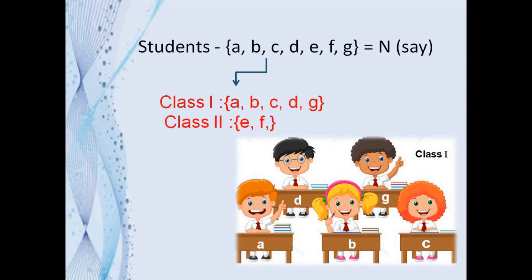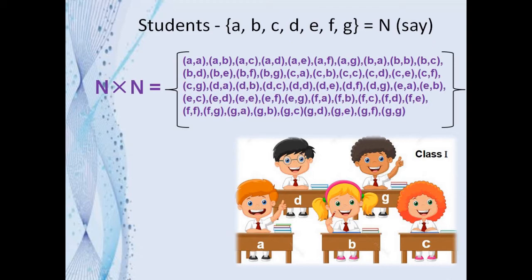And now we can easily write the Cartesian product of the set N with itself as shown in this slide. Here the first element of this set is the ordered pair (A, A). Here the first coordinate A belongs to the set N, and the second coordinate A also belongs to the set N. Similarly, the second element of this set is the ordered pair (A, B).